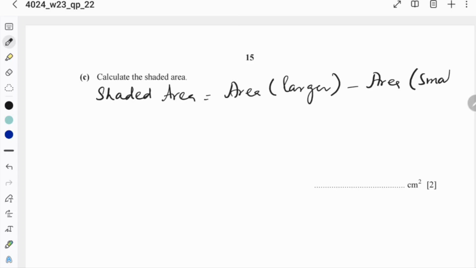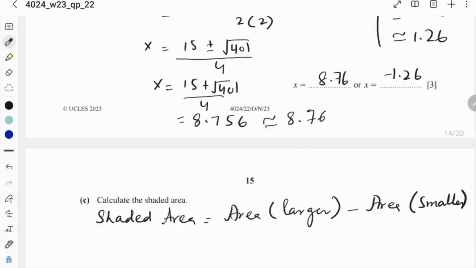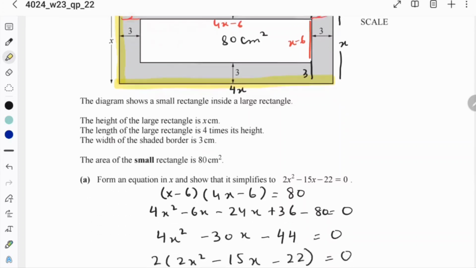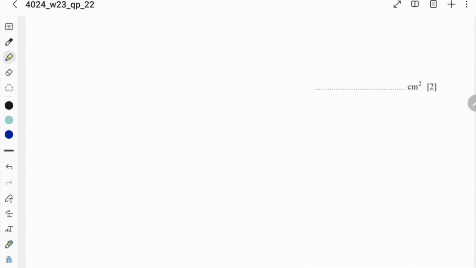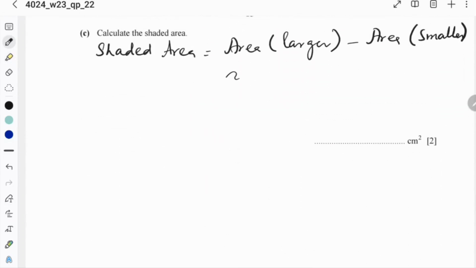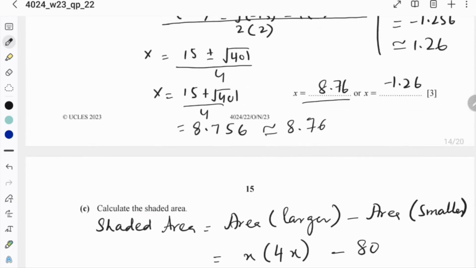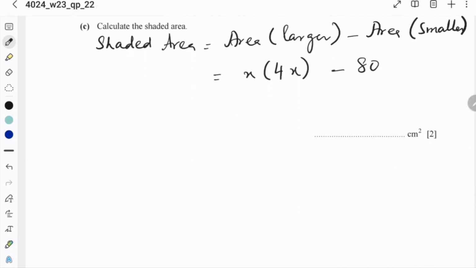As we already know the value for x, the area of the smaller rectangle is 80 and the larger rectangle's dimensions are x into 4x. So length into width, x into 4x, minus 80, because the smaller rectangle is 80. The positive value for x is 8.76.